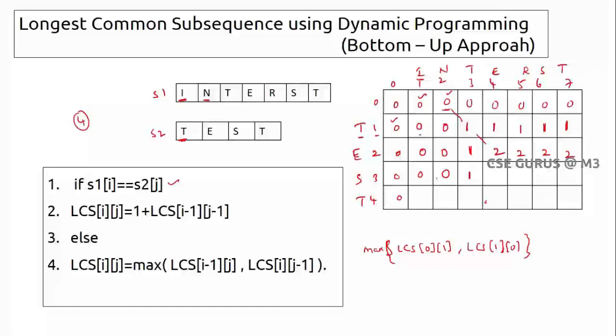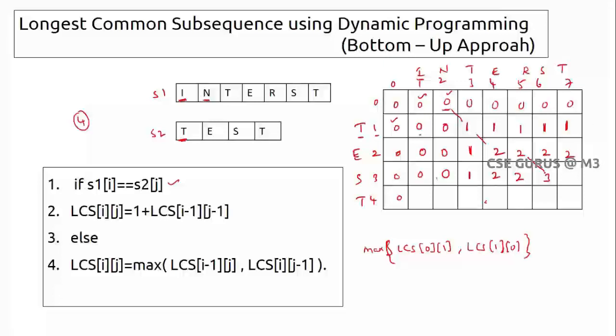Now you can see S and E not matching, maximum of 1 comma 2, which is 2. Now S and R not matching, 2 comma 2, what is the maximum? 2. Now S and S, yes, matching, means 1 plus the previous diagonal value here. So here 1 plus 2, which is 3.